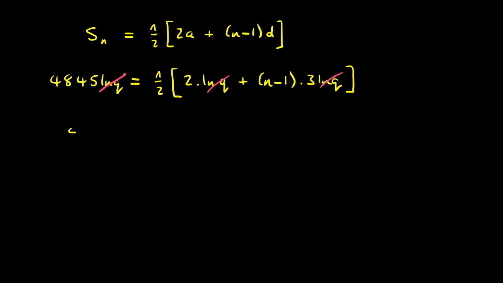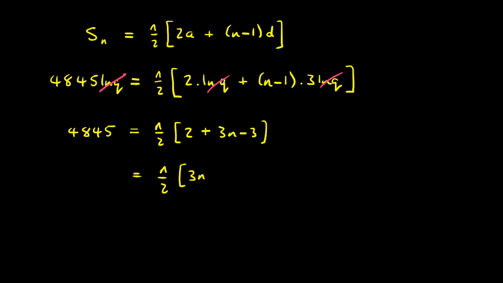On the left-hand side, we have 4845 is equal to n/2 bracket 2 plus 3n minus 3. Keeping it nice and slow, n/2 bracket, we've got 3n, 2 minus 3 is minus 1.